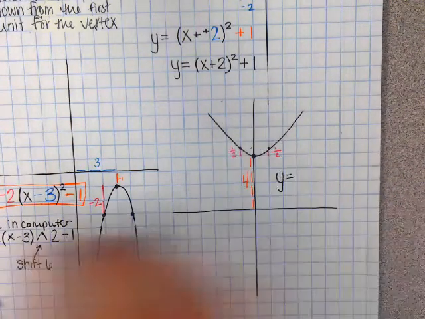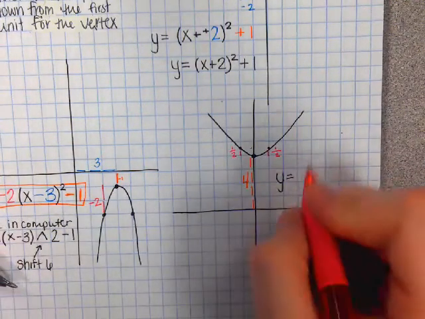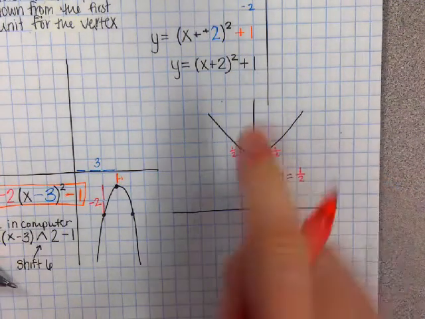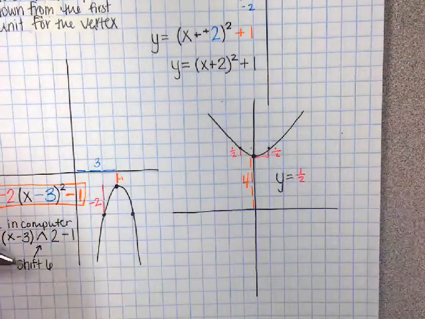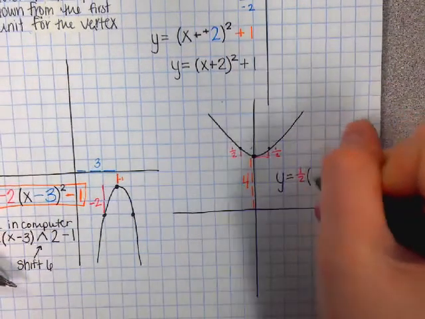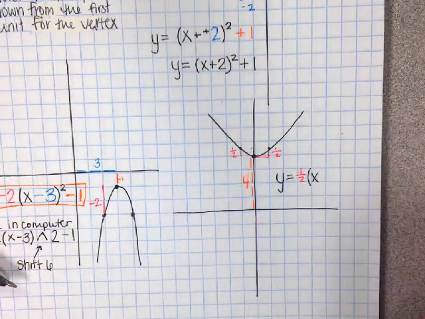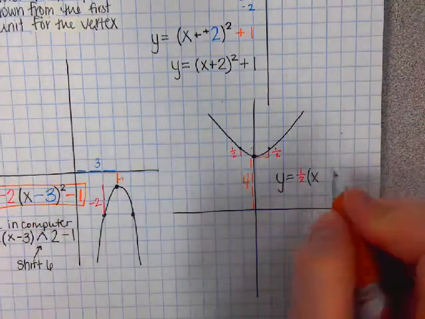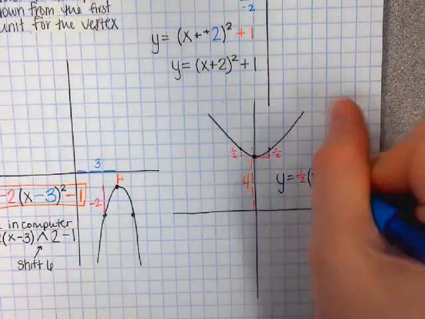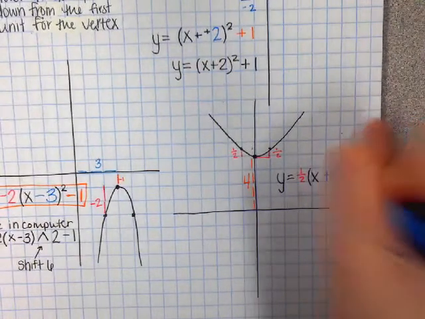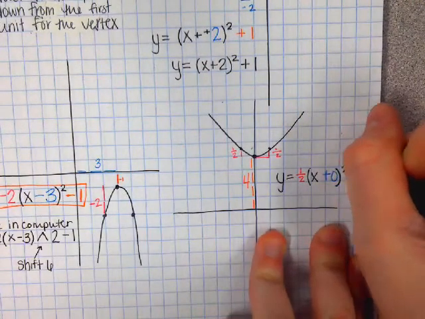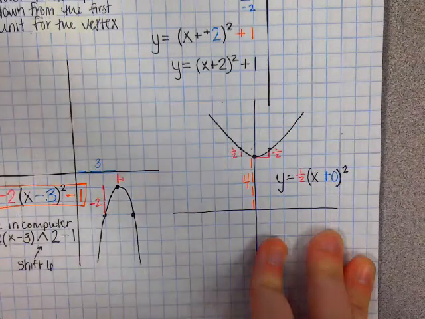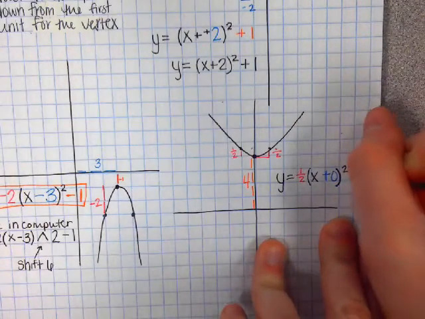So our equation would be y equals 1/2, because for going over 1 unit, it went up 1/2 of a unit. And then x. Now, it didn't move right or left any, so it's going to just be +0. And then squared.